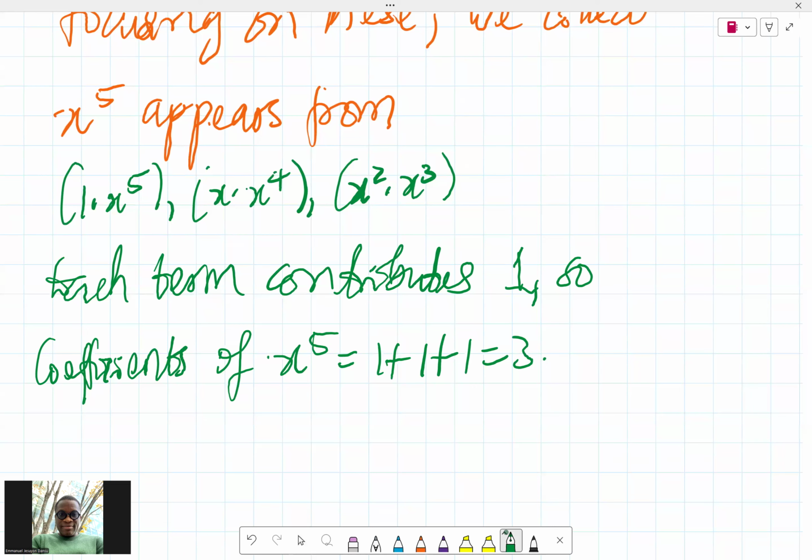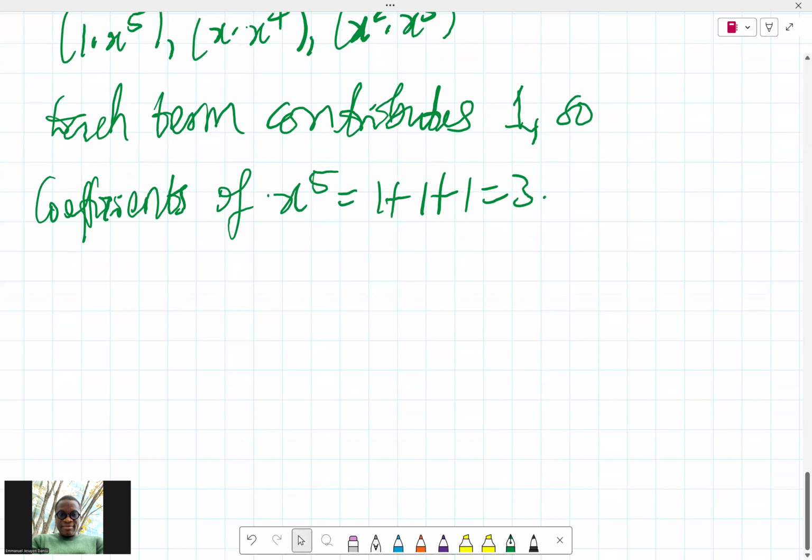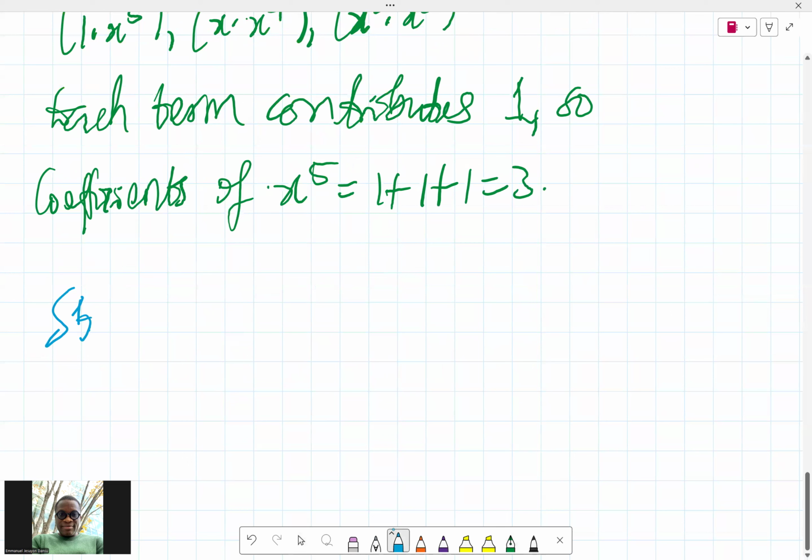So that takes us to step 4, where we interpret the result. Step 4, interpret the result.